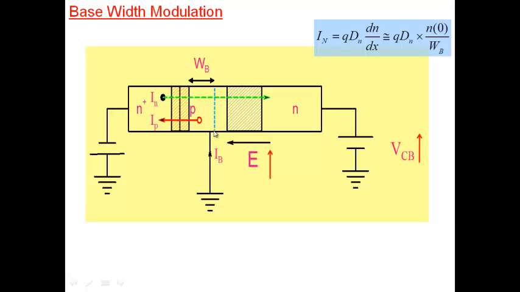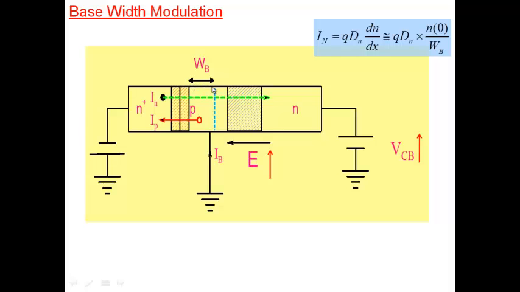As a consequence, the effective base width, which means the region between the two depletion regions, decreases. Earlier the boundaries were here and here, so the base width was larger. Now the base width is smaller.